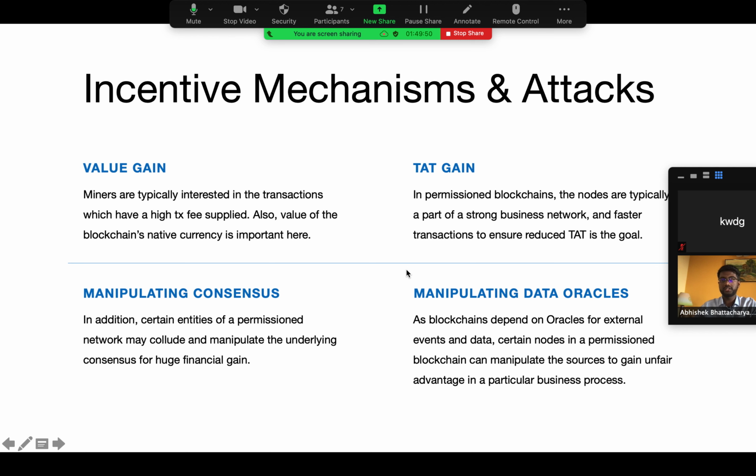Manipulating data oracles, again not going very much into that, I'll just take that question in 1 second. Not going very technical into oracles, but oracles are pieces of software which provide external data to blockchain networks. One-liner definition is this: blockchain networks cannot directly connect with the external world using APIs or something like that. For that, oracles are there in place which take external data from outside and push it into the blockchain network. That's it about oracles.